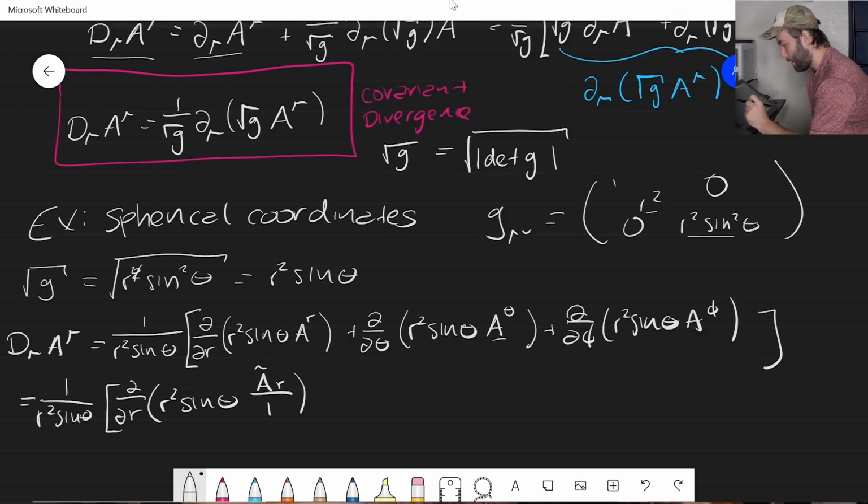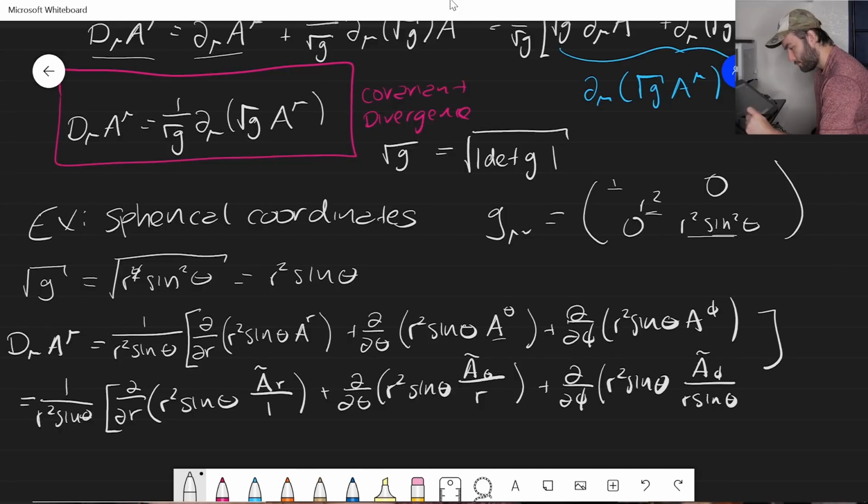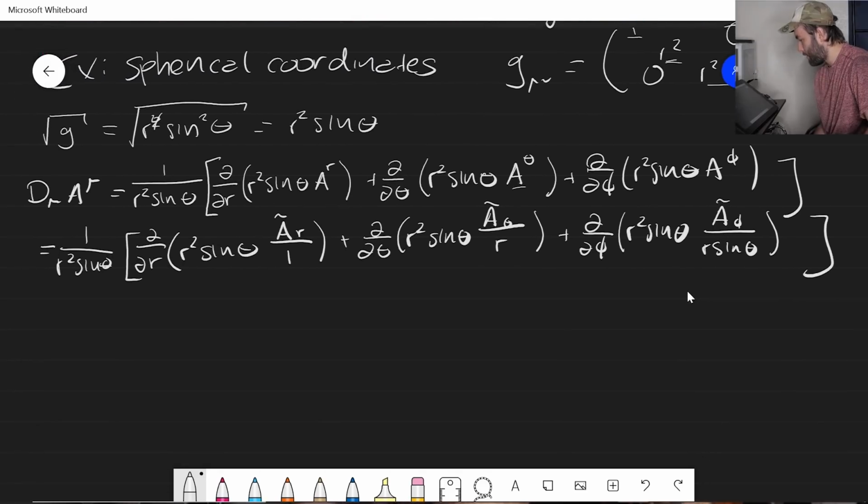So we're dividing by effectively the square root of whatever element that corresponds to in the metric, plus d over d theta of r squared sine theta a theta tilde divided by the square root of r squared, so that's r, plus d over d phi of r squared sine theta a phi tilde divided by r sine theta. Okay, getting a little messy, but the dust will settle.